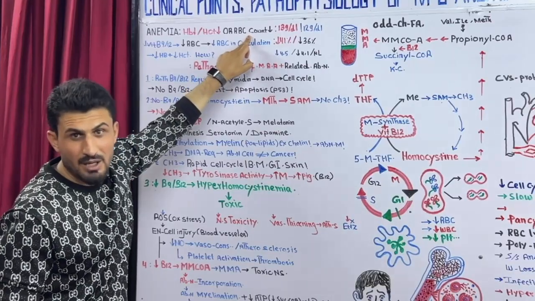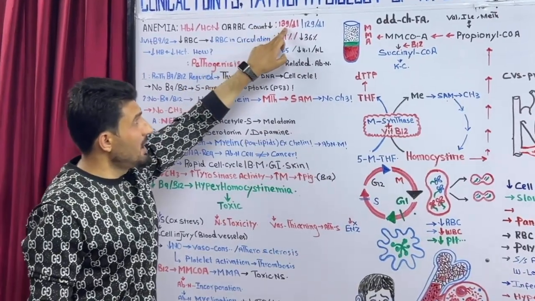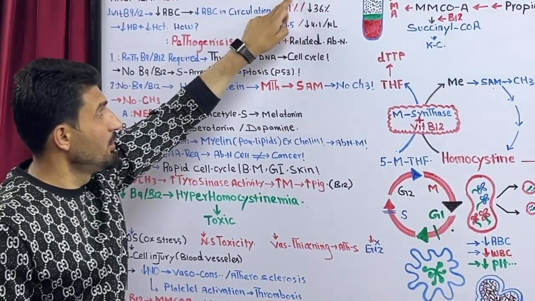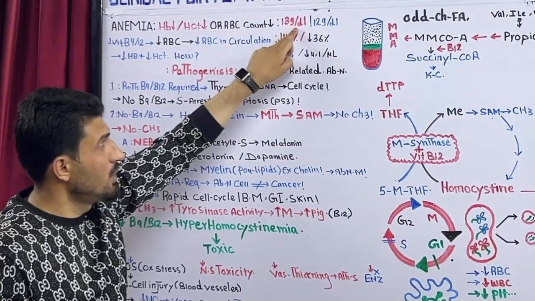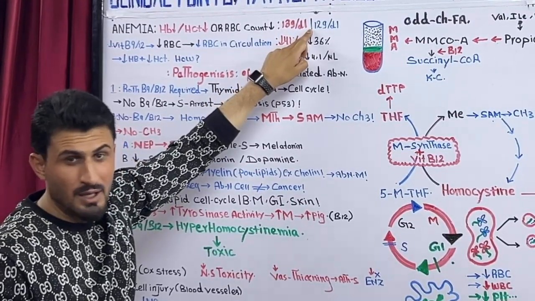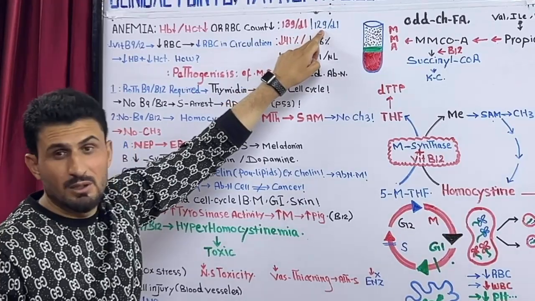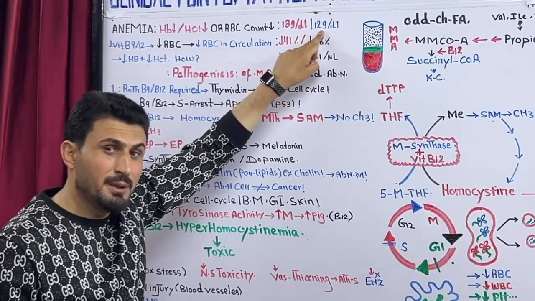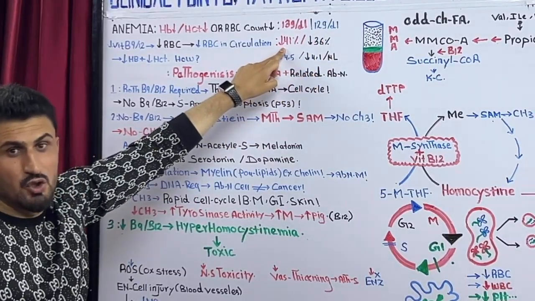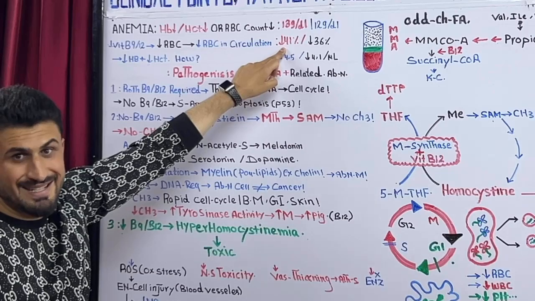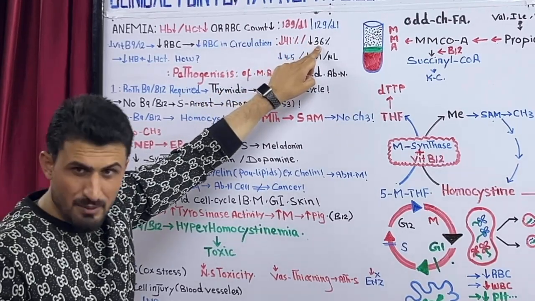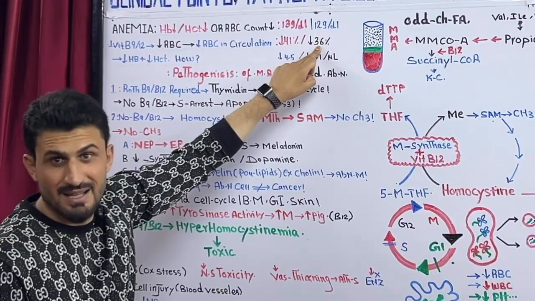For example, if hemoglobin drops below 13 grams per deciliter in males or below 12 grams per deciliter in females, this is called anemia. Or when the hematocrit level drops below 41% in males or below 36% in females, this is also defined as anemia.